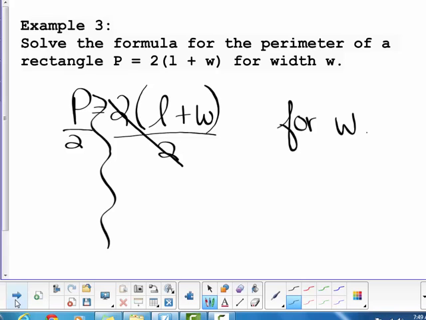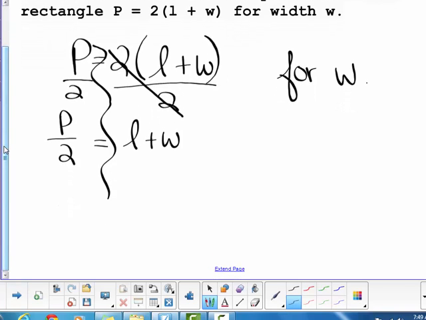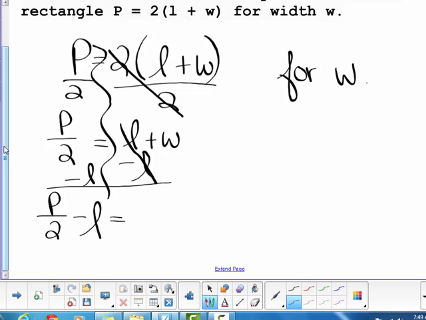And when I do that, I have P divided by 2 equals L plus W. I'm trying to get W all by itself, so I need to subtract L from both sides. When I do that, I have P divided by 2 minus L equals W.